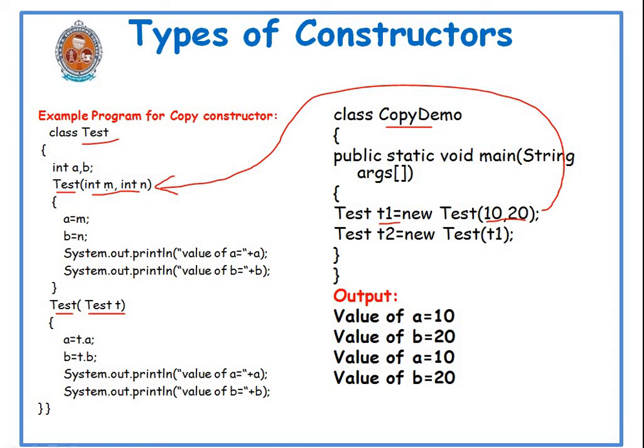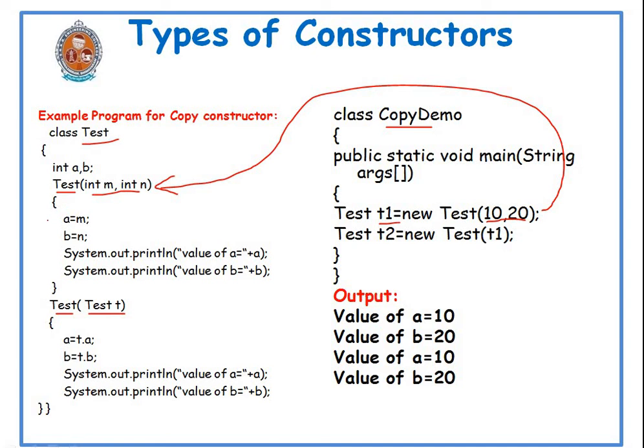That means m takes the value 10 and n takes the value 20. After that, the m value is copied into a and the n value is copied into b. That is, a is assigned 10 and b is assigned 20. Then it prints the values of both a and b. So t1 contains two instance variables a and b with the values 10 and 20.